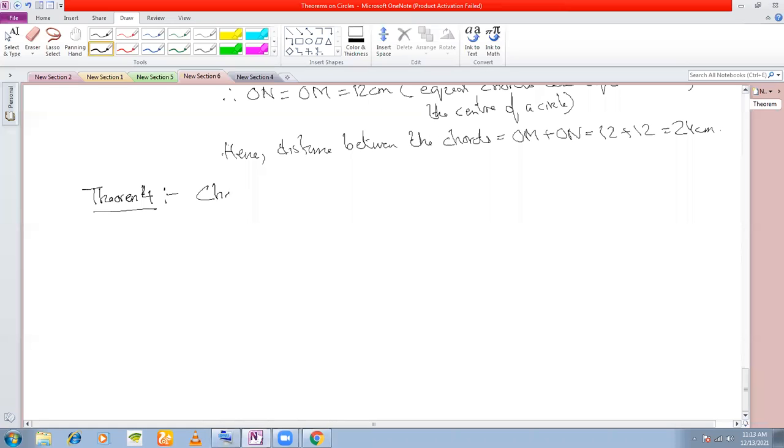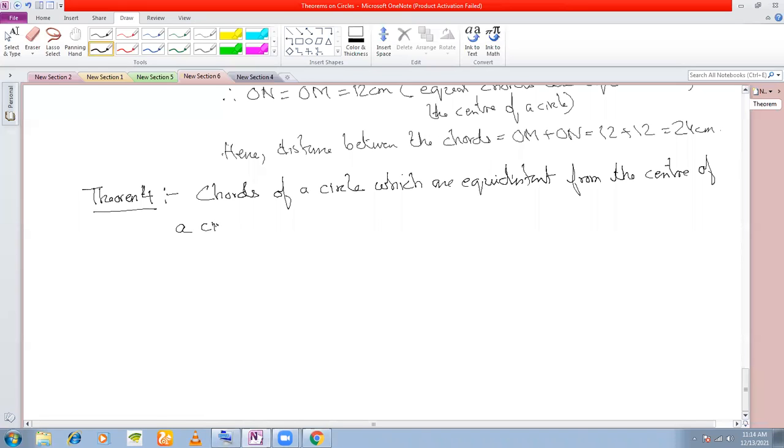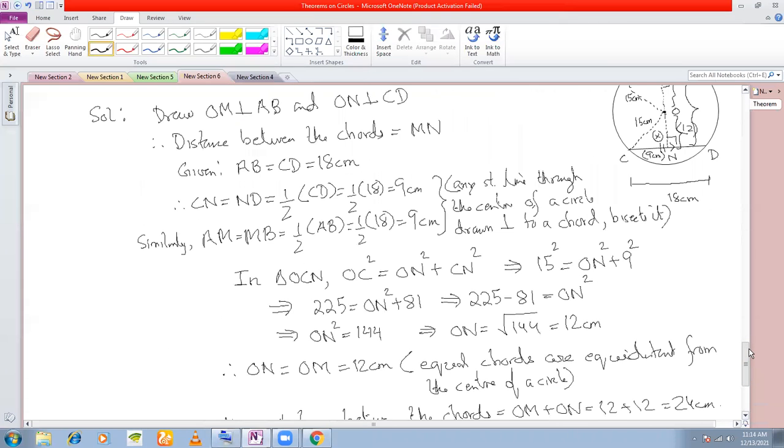Chords of a circle which are equidistant from the center of a circle are equal.